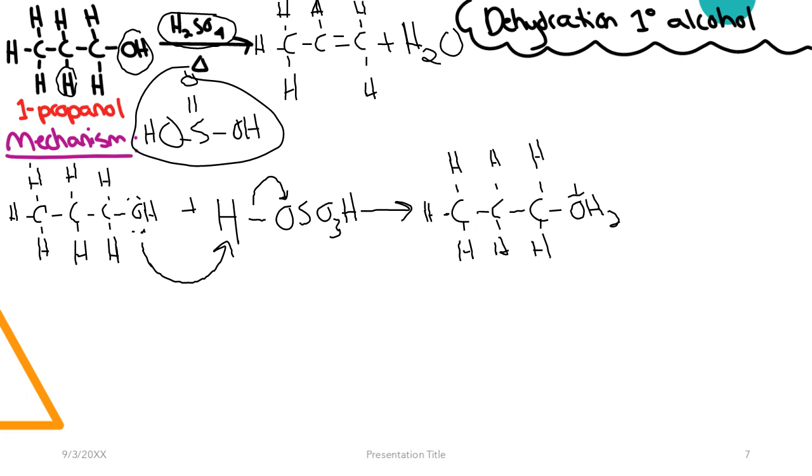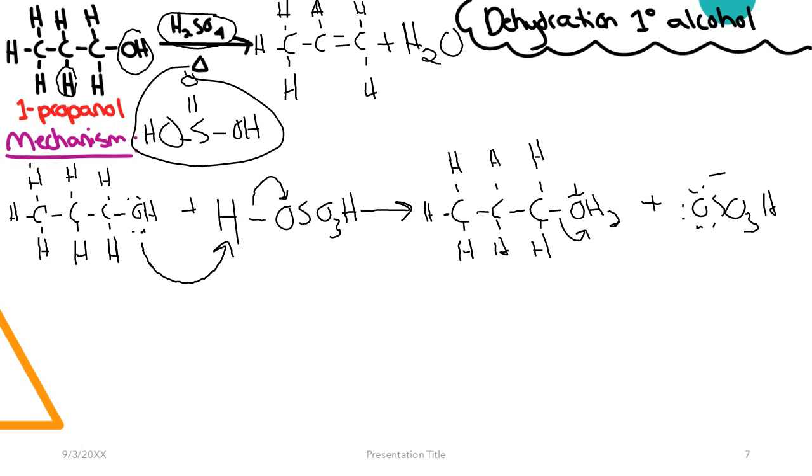Okay, so if you remember, I said that the mechanism for primary alcohols is different. That's because of this step. In the secondary and tertiary alcohol mechanism, this water breaks off because it's a good leaving group now, and then we form a carbocation. But this would be a primary carbocation, which can't actually be formed. So instead of that part happening in two steps, all of it happens all at once.